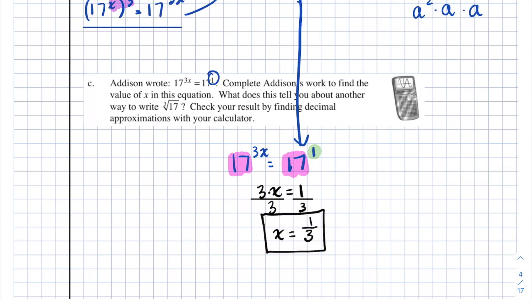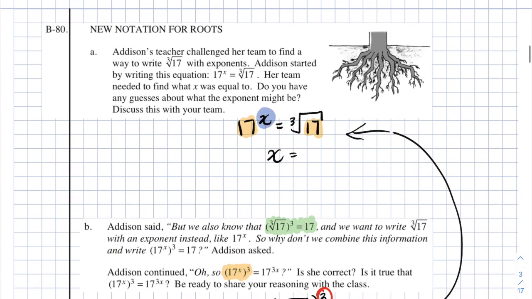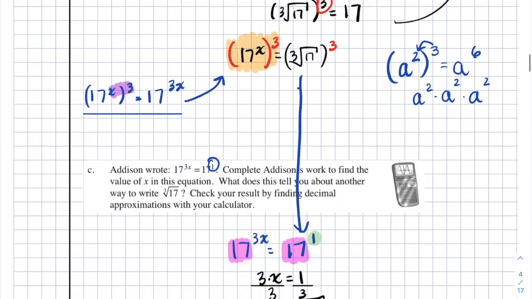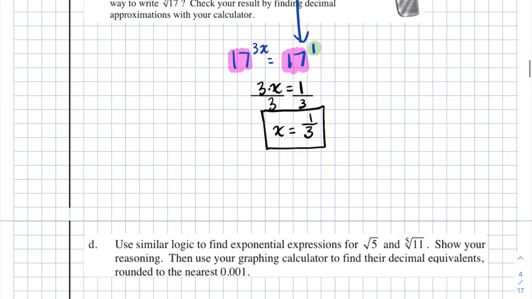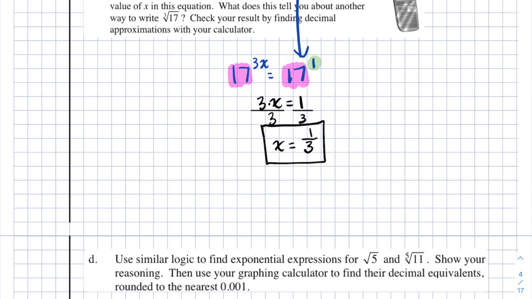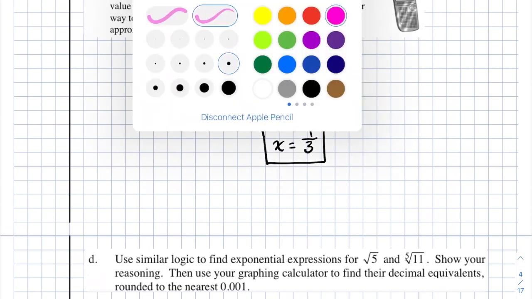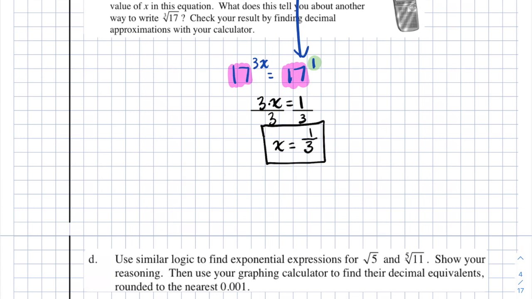So here's my question. If x is equal to 1 over 3, what do you think the value of that x is going to be? After having done all the work, we know that x has to be equal to 1 over 3. So let's answer the question. The first question was, what does this tell me about the radical?